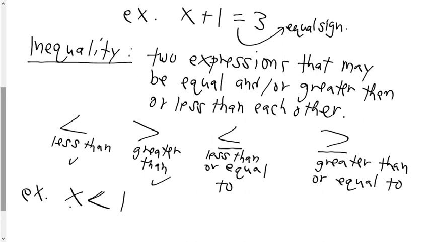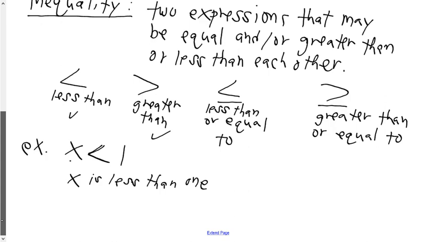So I could read this as, x is less than 1. That's what it says. But if I read it backwards, I could say 1 is greater than x.